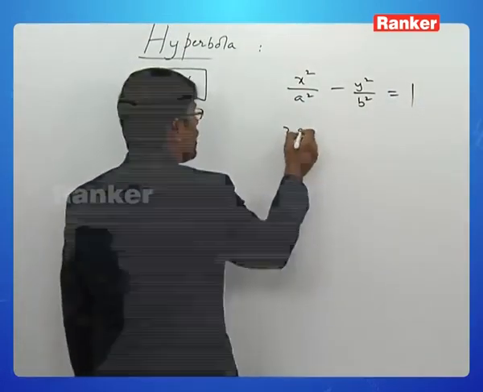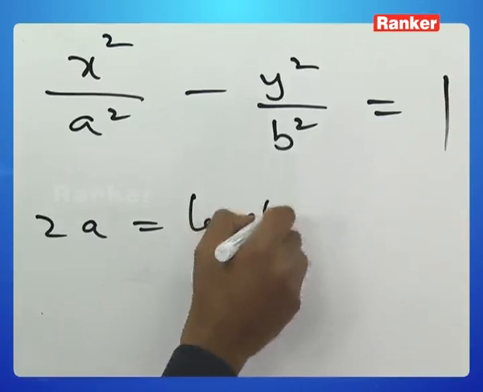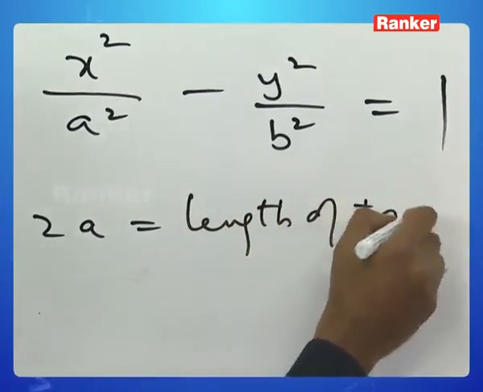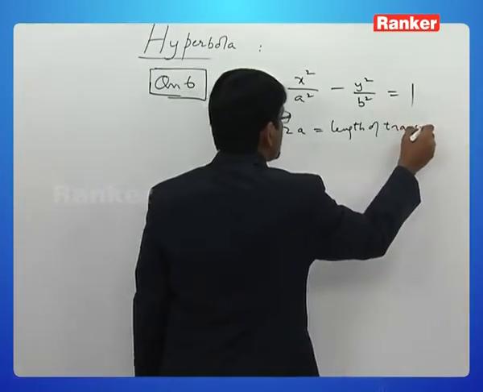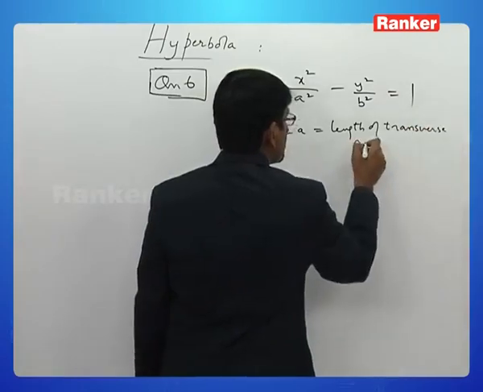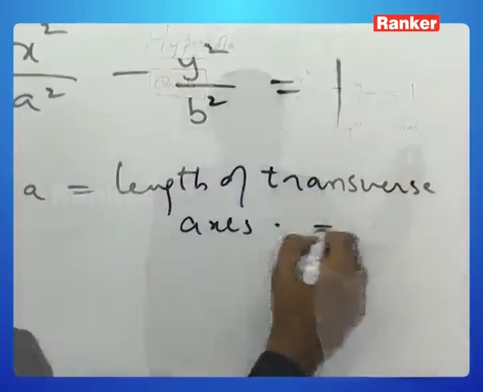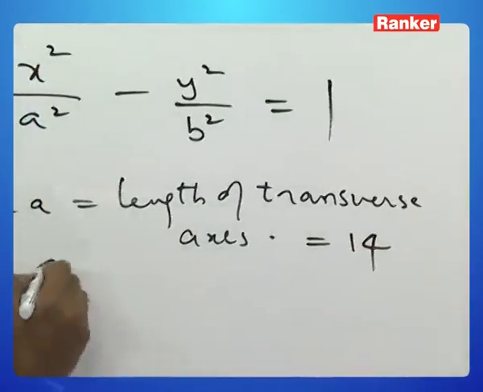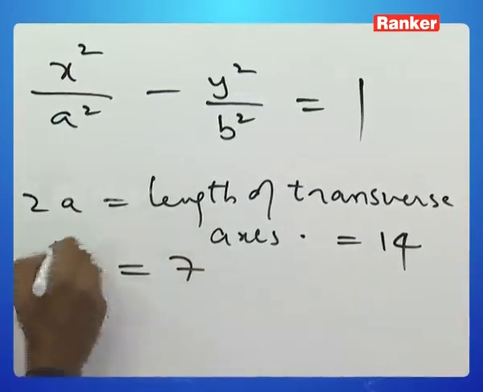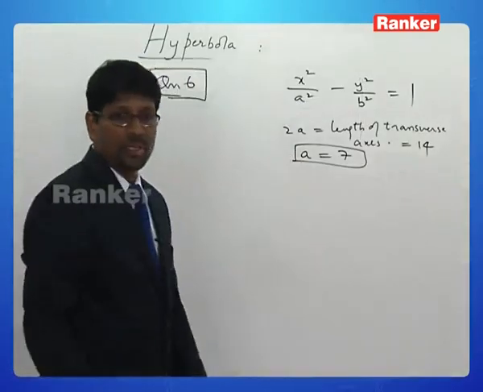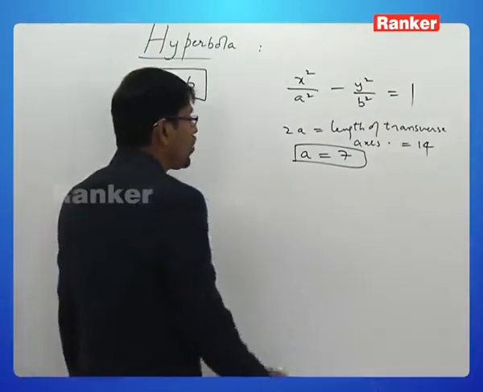Now 2a is the length of the transverse axis, and that is given to be 14. So this gives me a is equal to 7. A is 7 here.